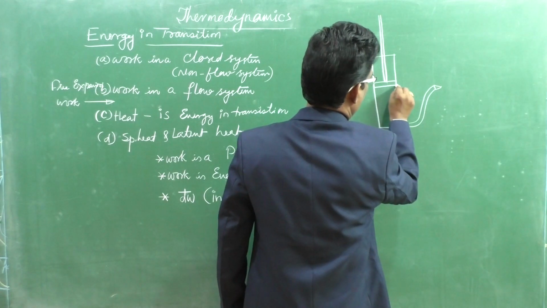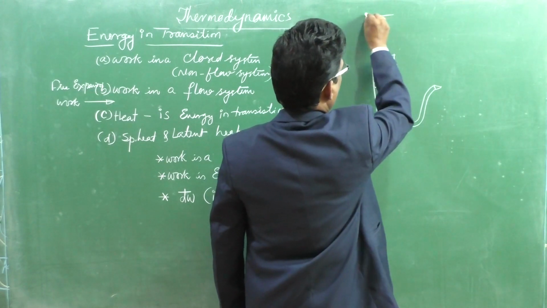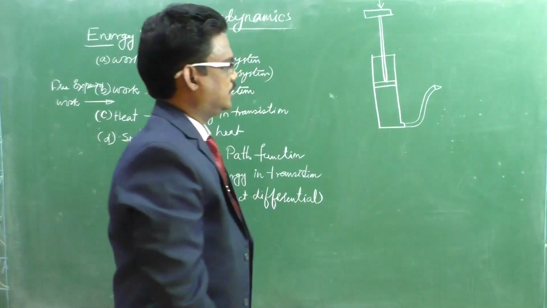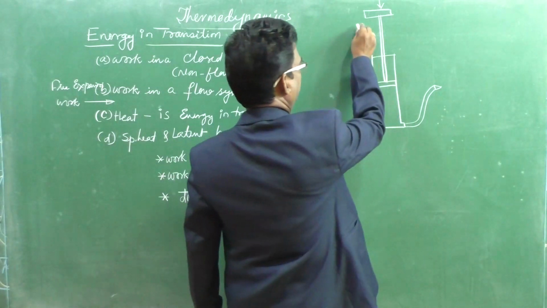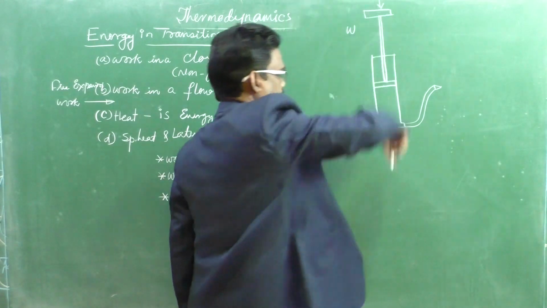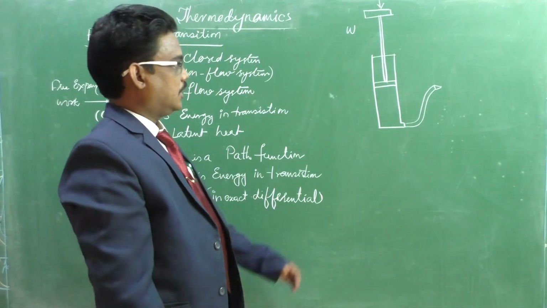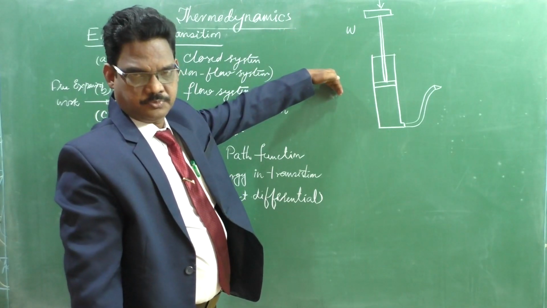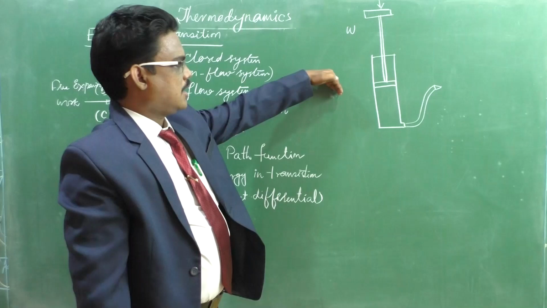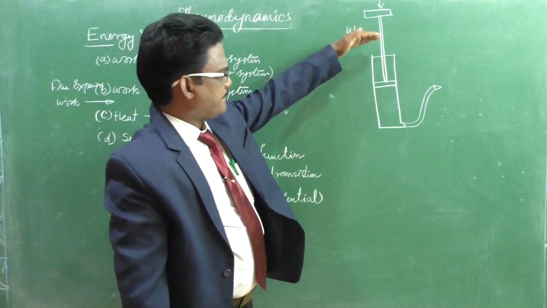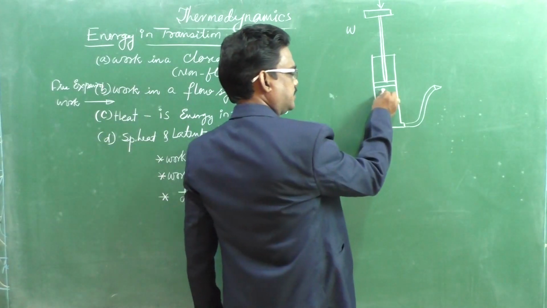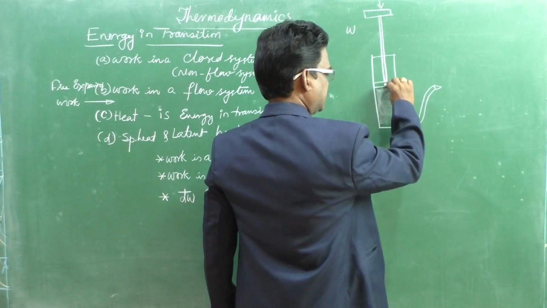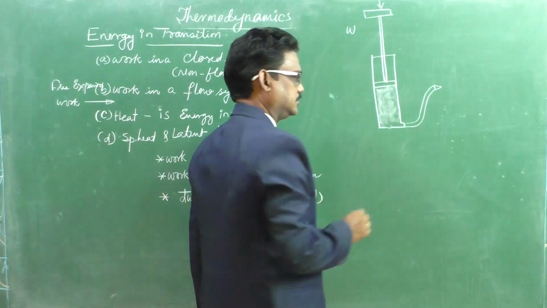This is the piston. Over the piston, if you apply work W, that is work done on the system. After that it will compress whatever air is present here, and that compressed air will come out.